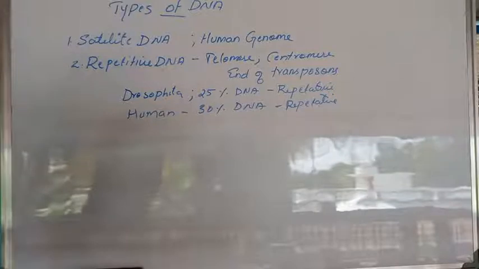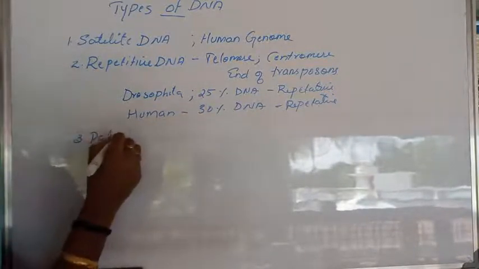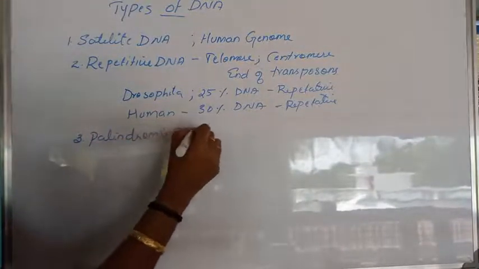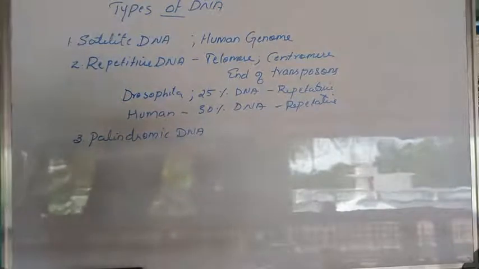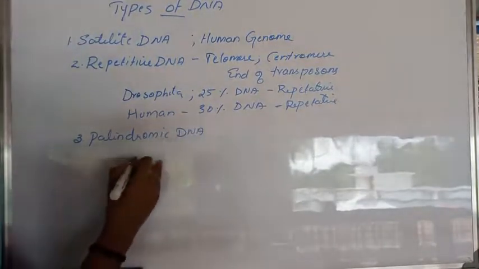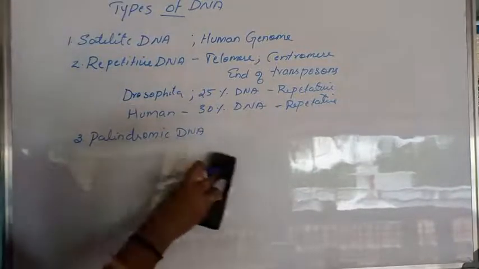Then palindromic DNA. Third one is palindromic DNA. Do you know what is meant by a palindromic sequence? A palindromic sequence means if you read a word from this direction and from this direction, you will read it the same.